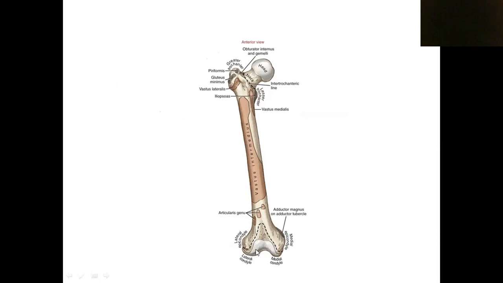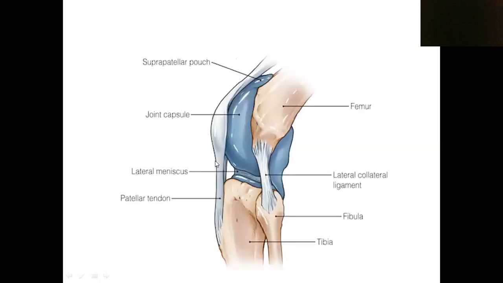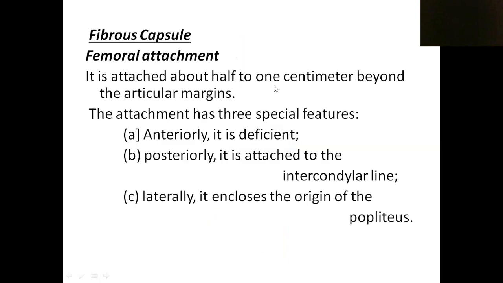This white colored area is the articular surface, and here we can see the articular margin of that articular surface. Here, the dotted lines represent the attachment of the fibrous capsule. So it is almost half a centimeter or maximum 1 centimeter away from this articular margin. Correct? So that is meant by half to 1 centimeter beyond the articular margin.